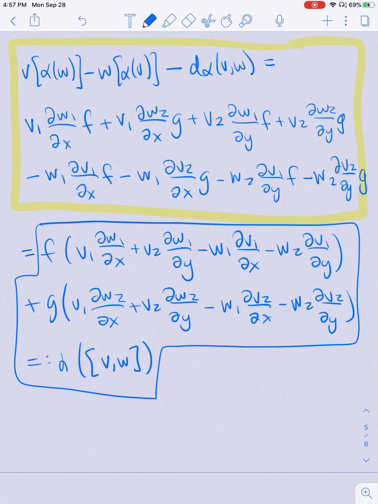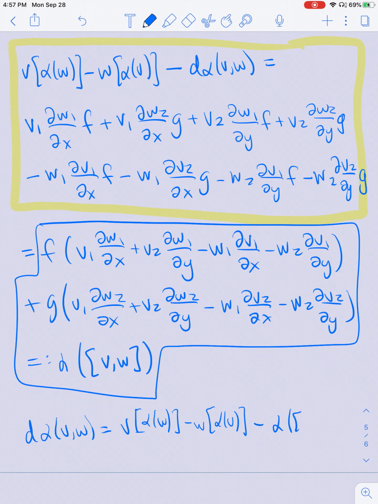So once I make this definition, what I end up getting is that d alpha applied to the pair vw is equal to v alpha applied to w minus w alpha applied to v minus, this should be minus alpha applied to the Lie bracket of v and w. Because then when I add it back over, I get this formula.